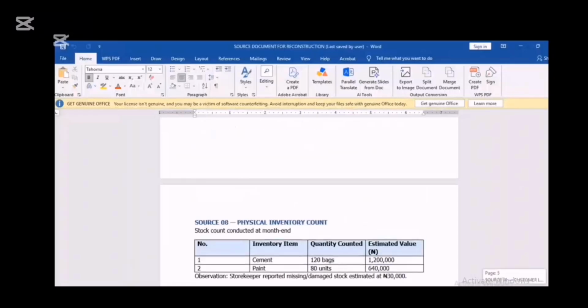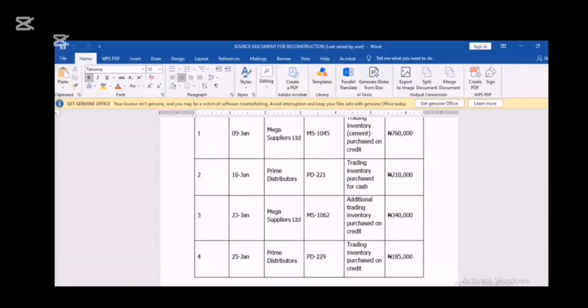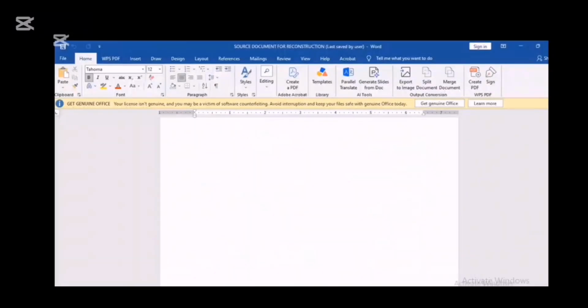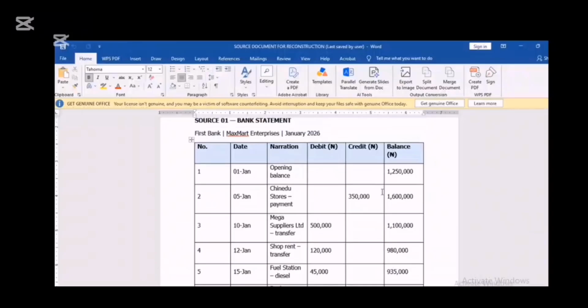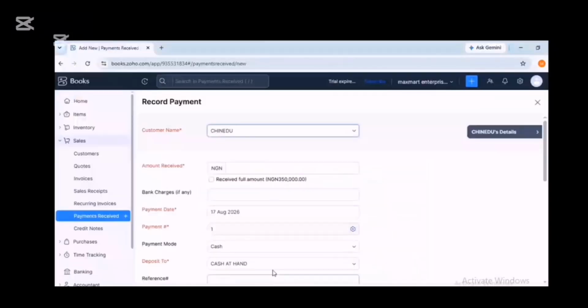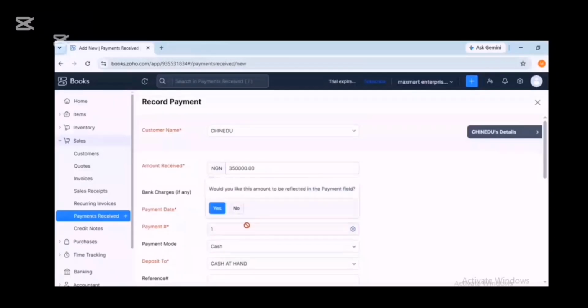So let's check our source documents to verify where we got those amounts from. You can see at the bank statement, Chinedu made a payment in January of 350,000. So it's verified. So we enter the amount here, 350,000. So that's that. Click yes. It should be reflected. Then we select the date.